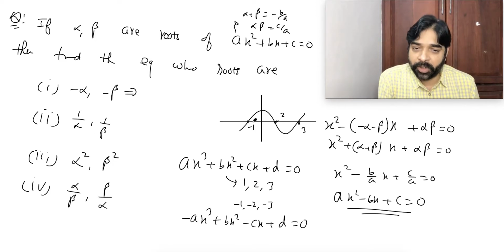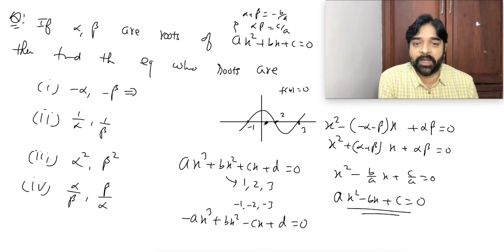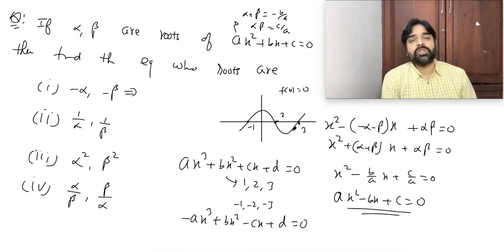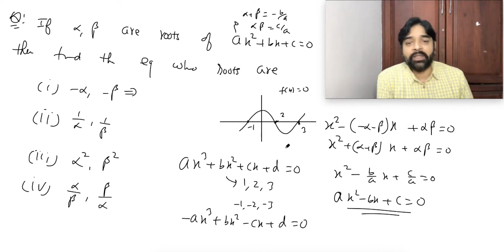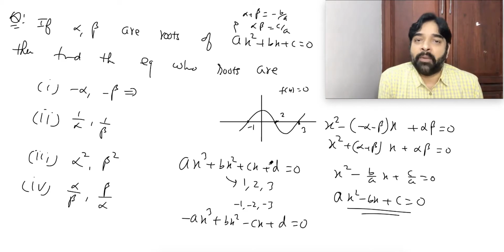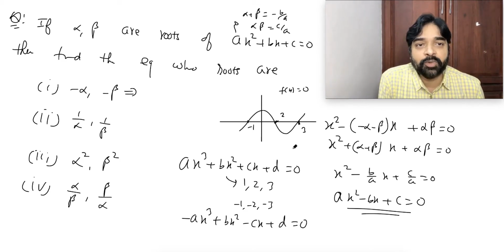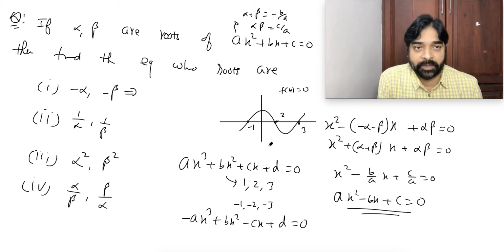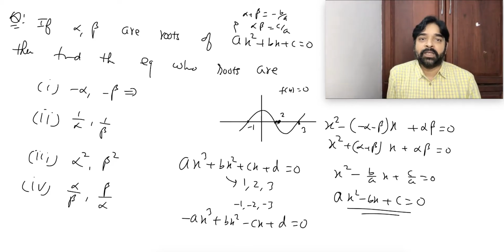So if this is the y equal to f(x) graph, then f(x) equal to 0 has roots -1, 2, 3. Suppose somebody says I want the equation whose roots become -2, -3 and 1. So this intersection should go to -2, this intersection should go to -3 and this intersection should go to +1. That means we'll rotate the graph like this.